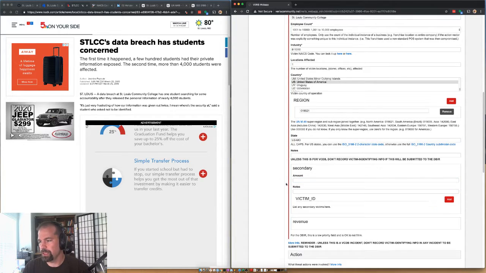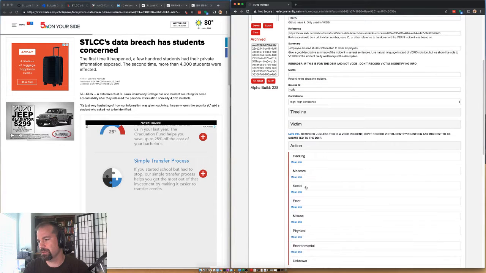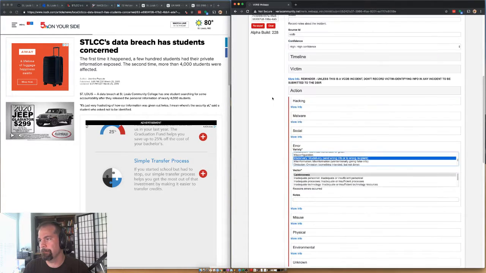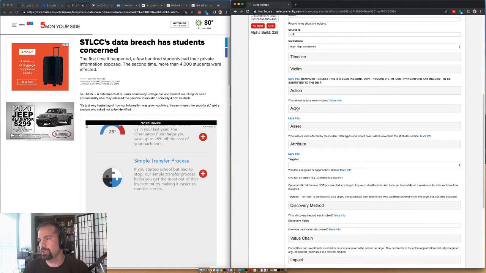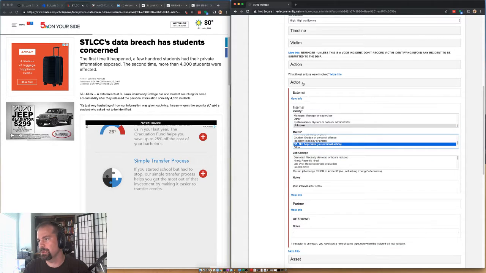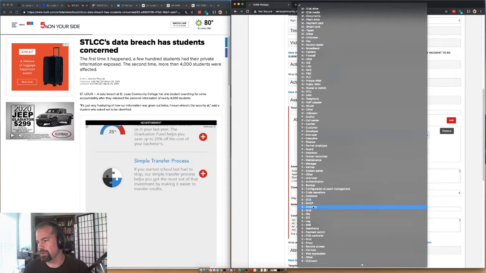Secondary doesn't apply. Victim, action, error. Same thing as last time. Careless, misdelivery. The actor, internal. We don't know what kind of internal motive. Not applicable. The asset, say email server.